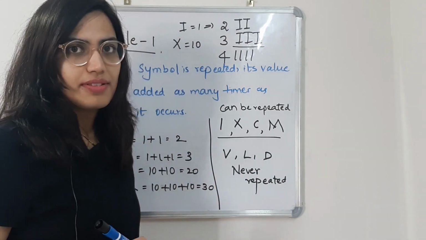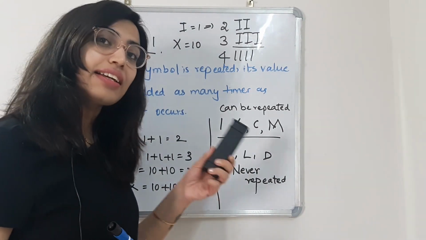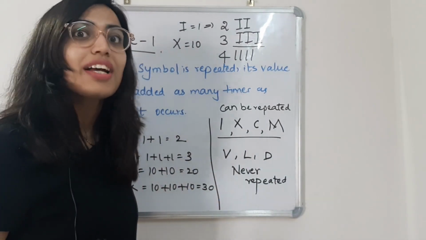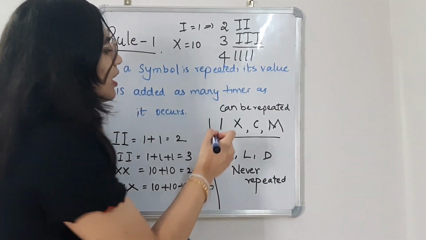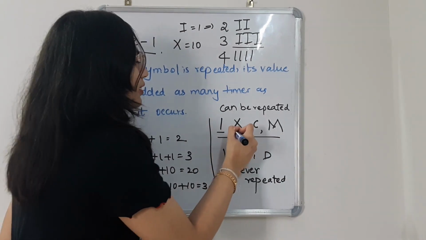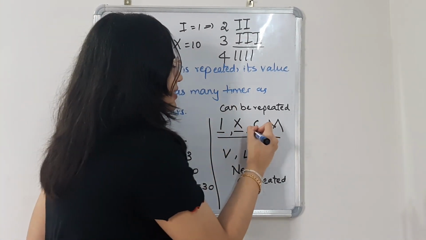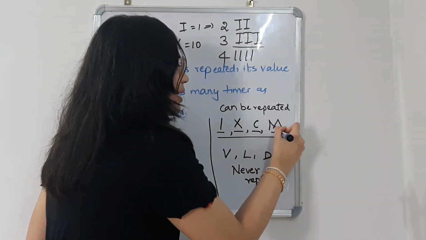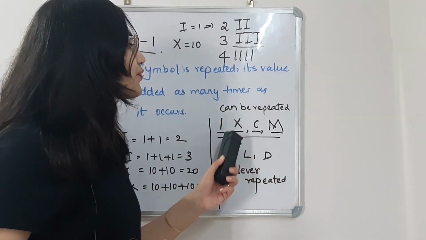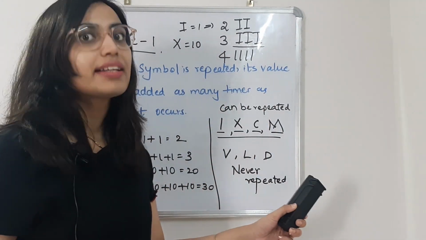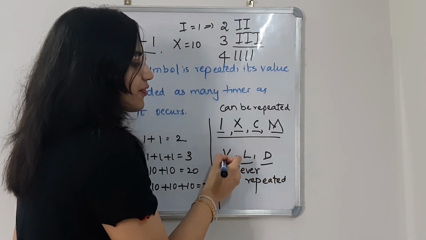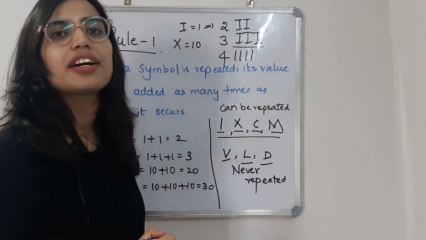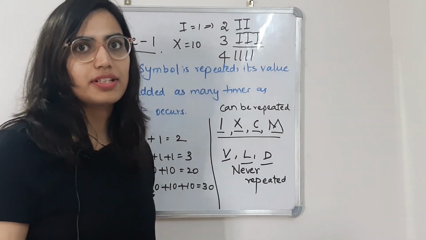than 3 times. Okay, and in that rule also there is another restriction saying that I, that is 1, X, that is 10, C, that is 100, M, that is 1000, these 4 only can be repeated. Rest all, that is V, L, D, that is 5, 50 and 500, can never be repeated.